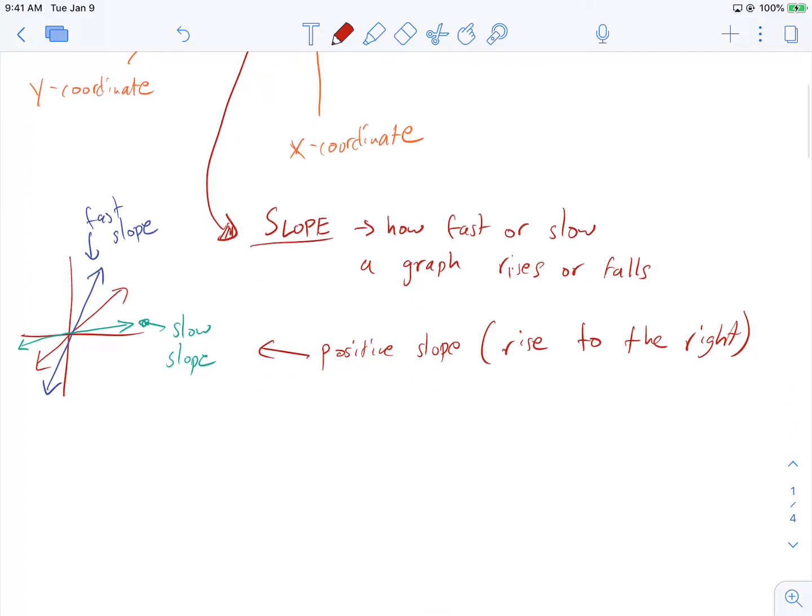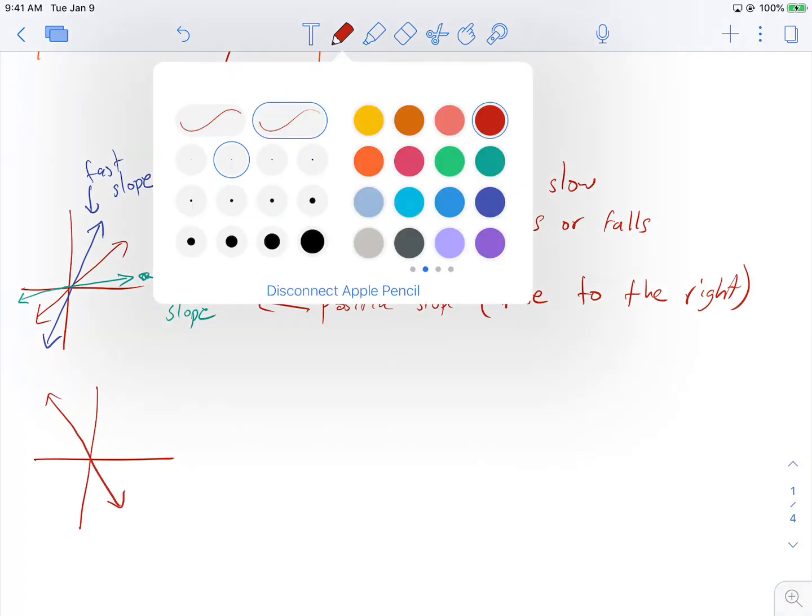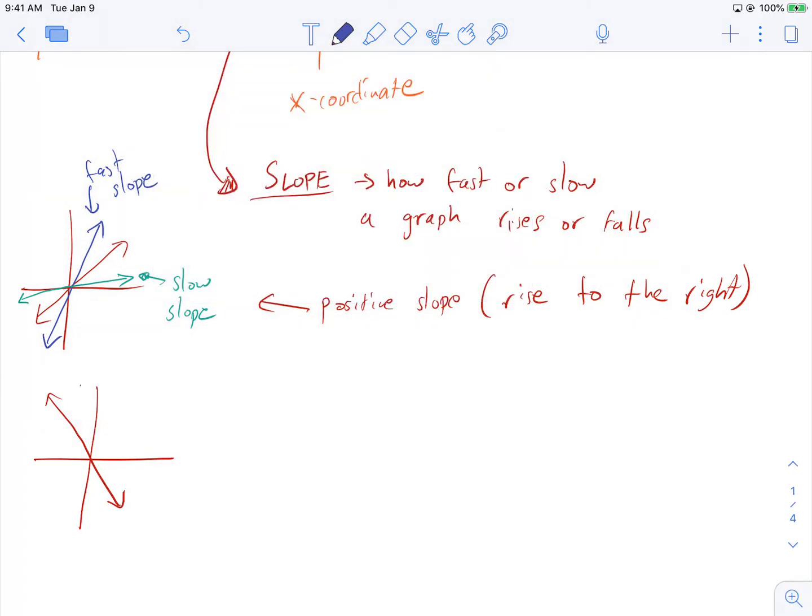Let's take a look at what a negative slope looks like. So if I have the same graph, a negative slope looks something like this. And just like before, we can have a very fast or high negative slope. So this would be a negative fast slope.